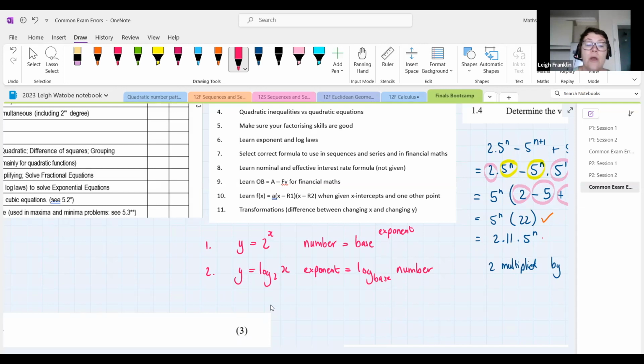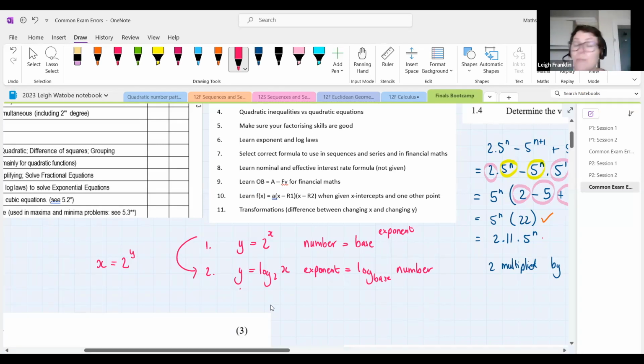Remember, as we go from number 1 to number 2, we've switched x and y. So we've now got x equals 2 to the power of y. When we write our exponent over here, that's why we're making y the subject of the formula: log base 2, and then we're putting our number over there.